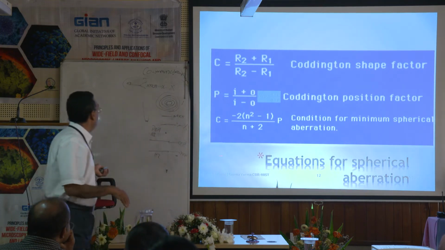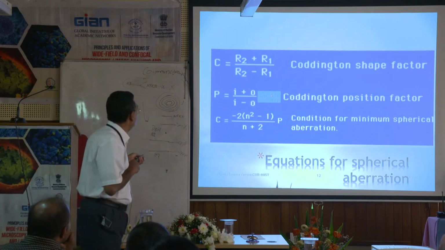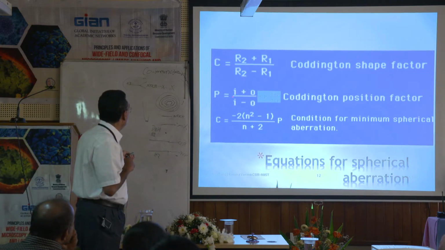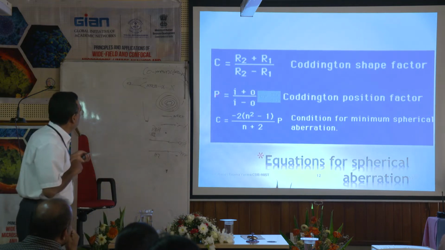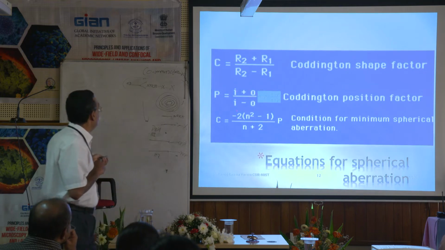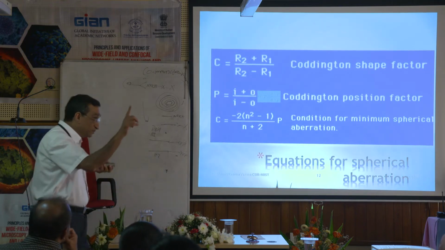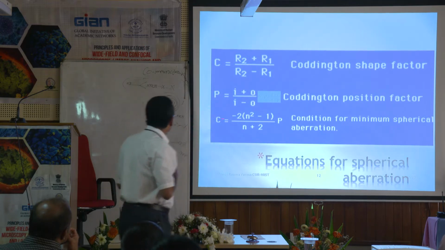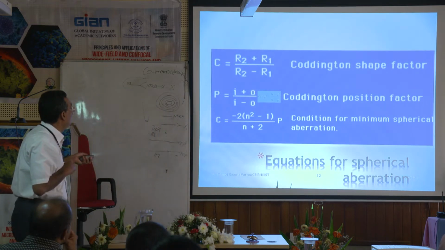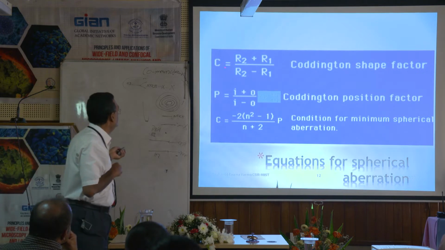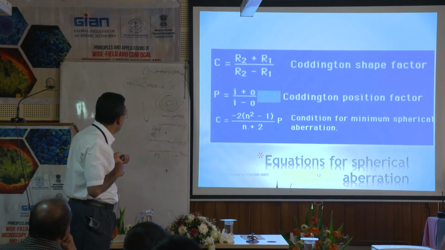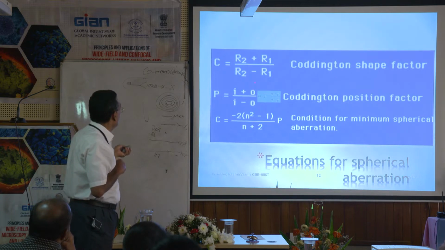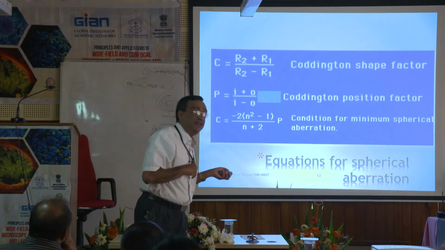On the other hand, if you have the image position and object position, which I have written here as I and O, then the Coddington position factor is defined as I plus O divided by I minus O. The Coddington condition for minimum spherical aberration is that C, R2 plus R1 divided by R2 minus R1, should be equal to minus 2 into n squared minus 1 divided by n plus 2 into P, where n is the refractive index.